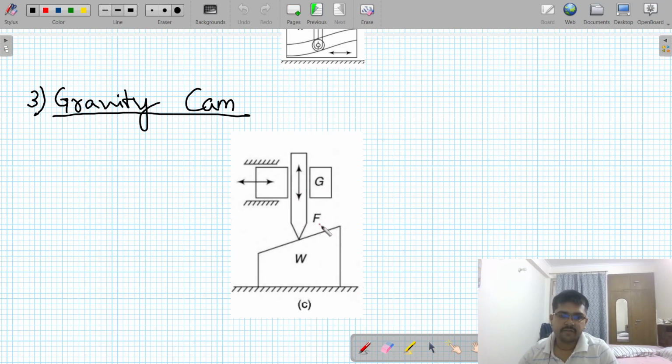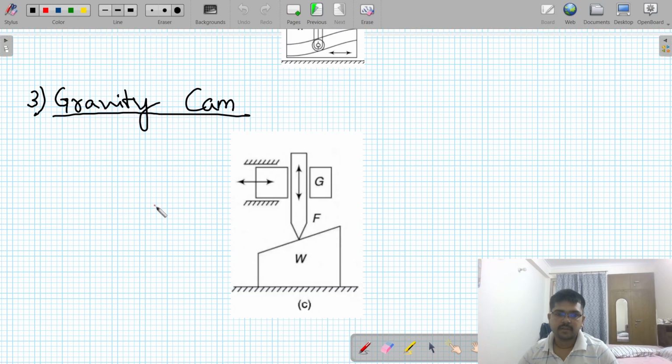G stands for guide, F for follower, W for wedge, and in a gravity cam there is no spring load on the cam. It's just the weight of the follower that is acting on the wedge, which is making the contact with the cam. So that is called a gravity cam.